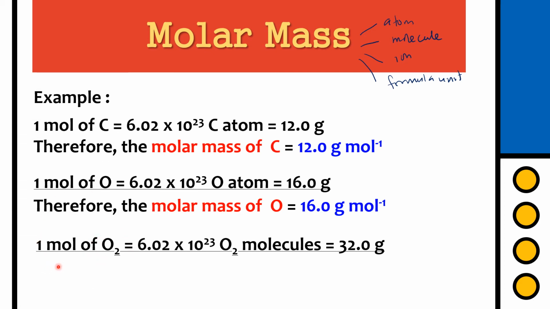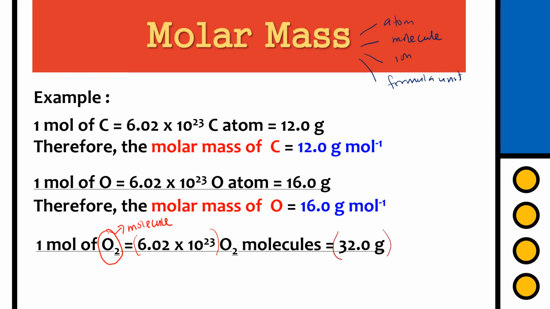So, 1 mole of oxygen molecule, sebab dekat sini, okay, kita fokus kepada molecule. Okay, sebab tu dekat sini awak tengok 1 mole oksigen molekul bersamaan dengan 6.02 darab 10 kuasa 23 oksigen molekul. Okay, tapi berat dia dekat sini is 32 gram.